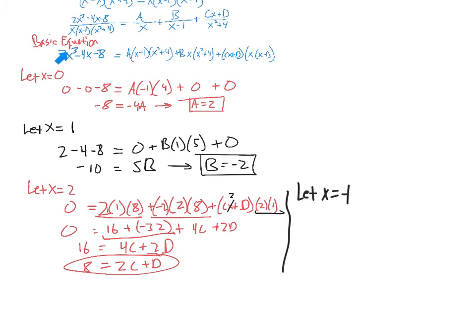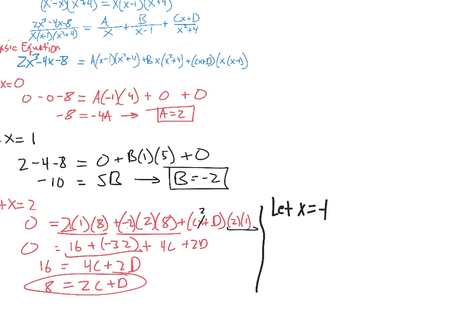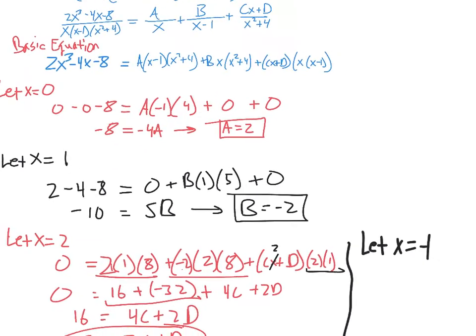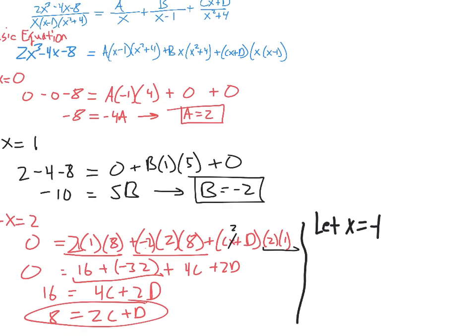So let's plug negative 1 into all this and see what we get. When we plug negative 1 into here, we get negative 2. We get plus 4. So negative 2 plus 4, and then negative 8, that's going to be negative 10. So we get negative 10 from the basic equation there.